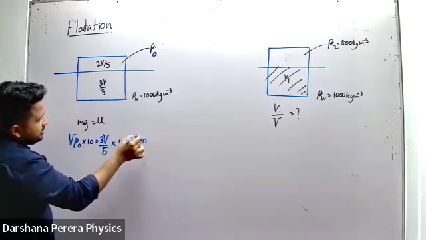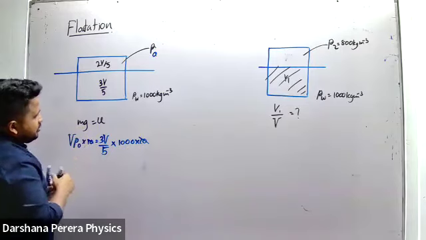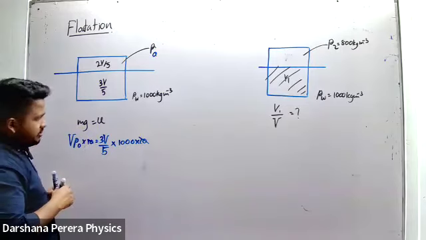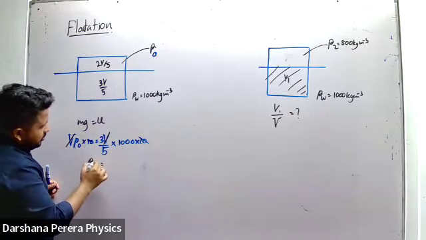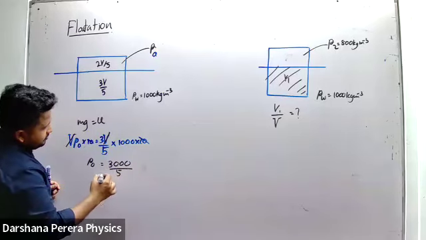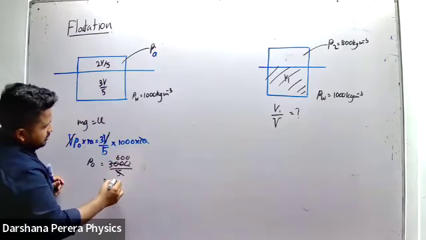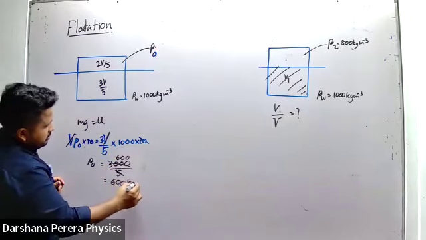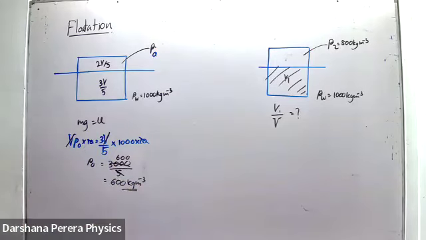If you do not memorize this equation, you can directly use mg equals u. There's no need to memorize that. It cancels out. So rho naught equals 3/5 of 1000, that is 600.